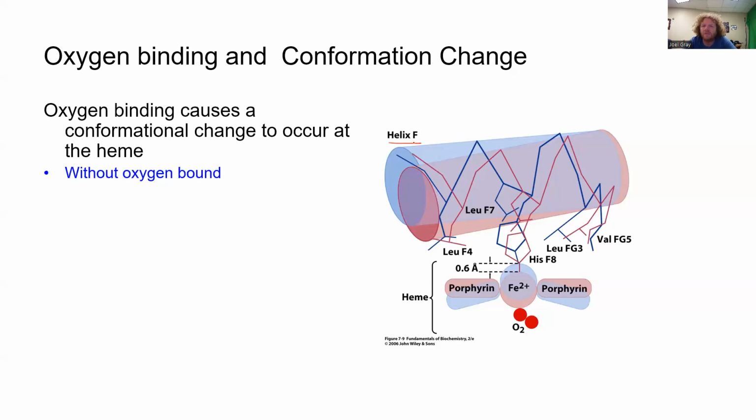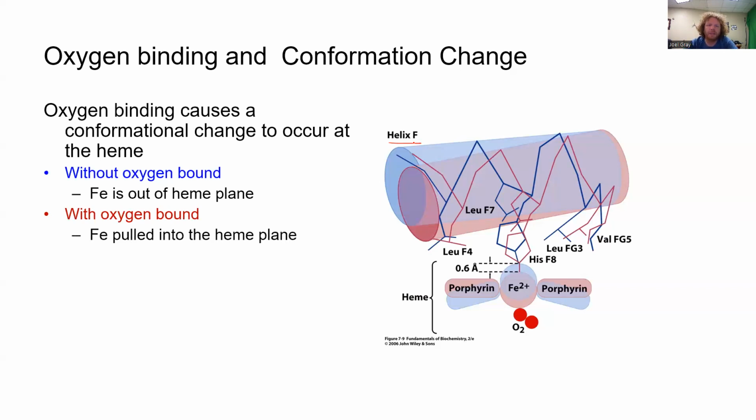So we're looking at this F helix, this blue F helix. That's with the iron ion outside of the heme plane. Now, when oxygen binds, that iron ion is pulled downward and put in the same plane as that porphyrin ring.